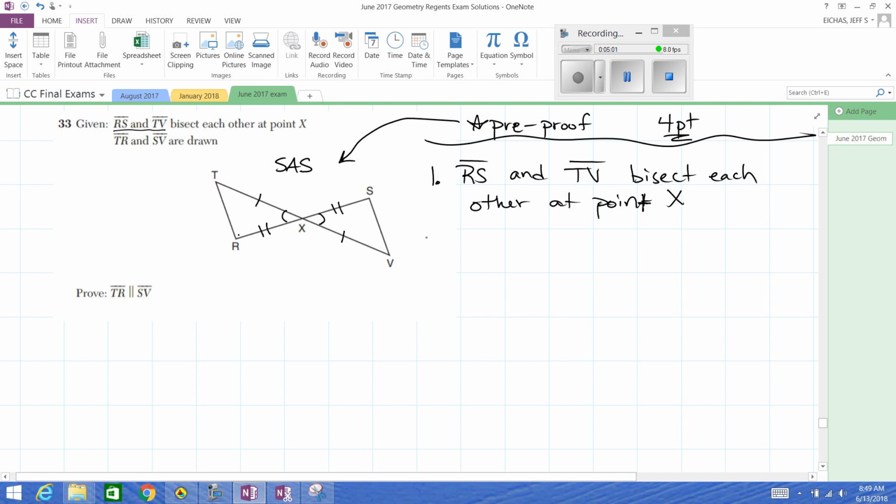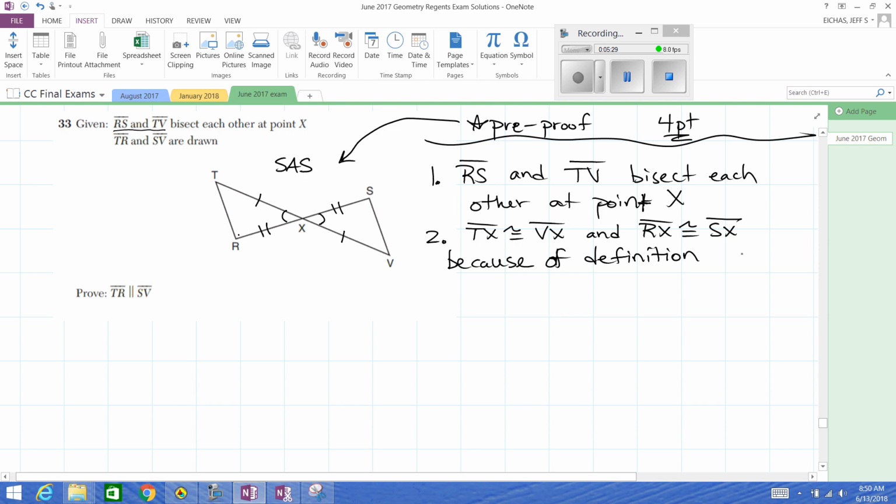So here's the given. The first point you earn is when you make a move that's valid off of that given. So I would say TX is congruent to VX, and RX is congruent to SX because of... There are a lot of ways you can explain this.